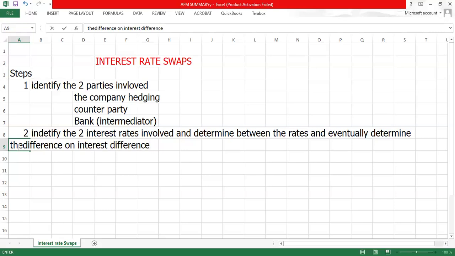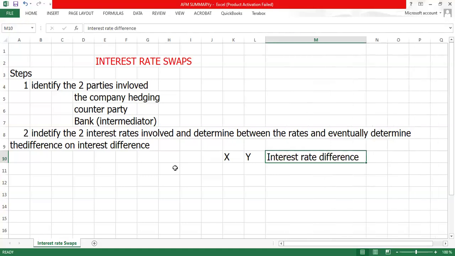But basically, you have the company hedging, let's say X, and you have the counterparty Y. So you will need another column for interest rate difference.